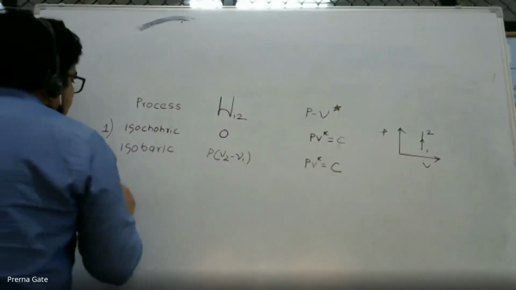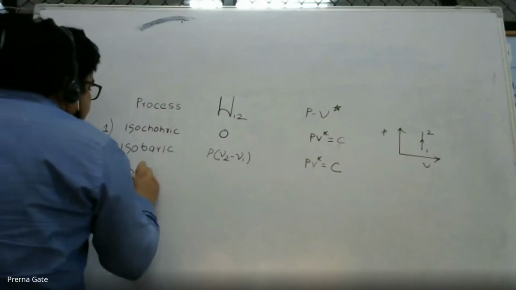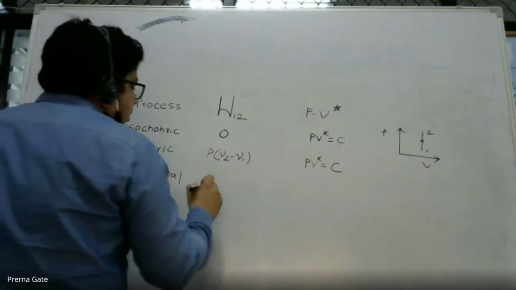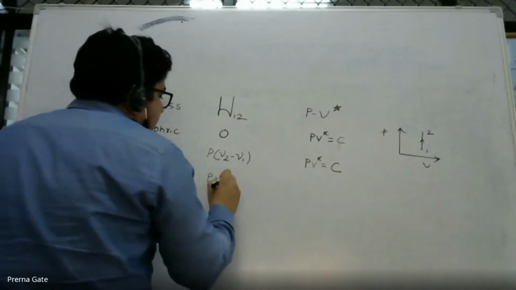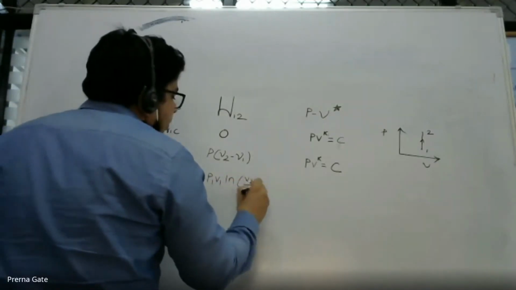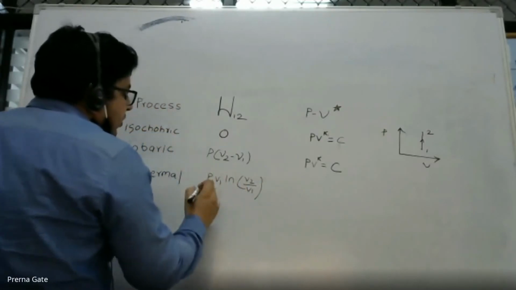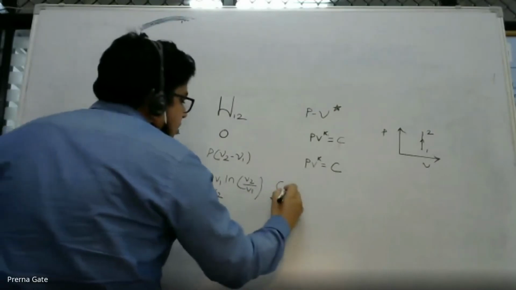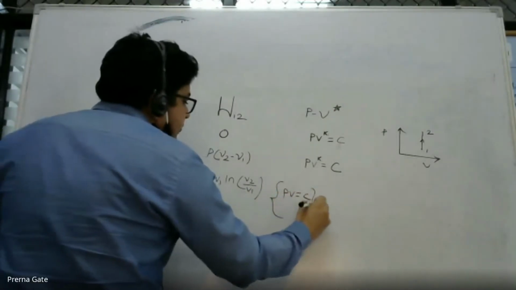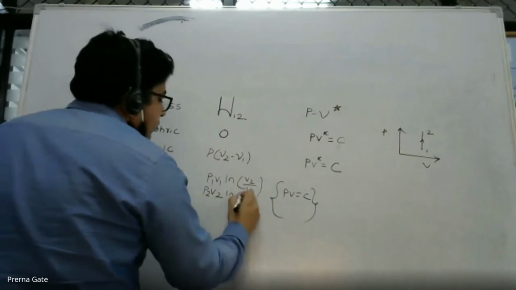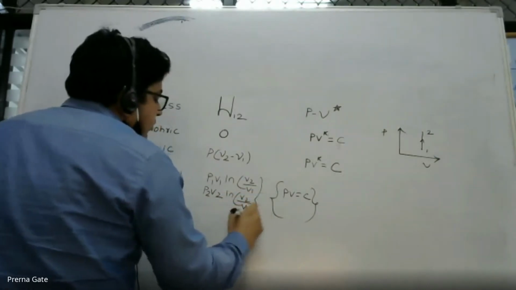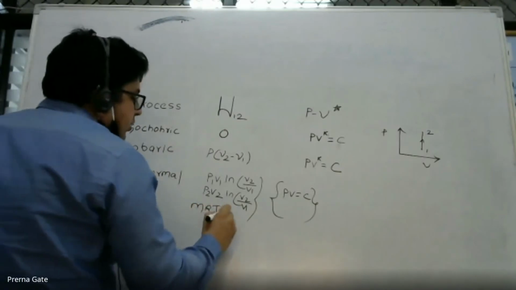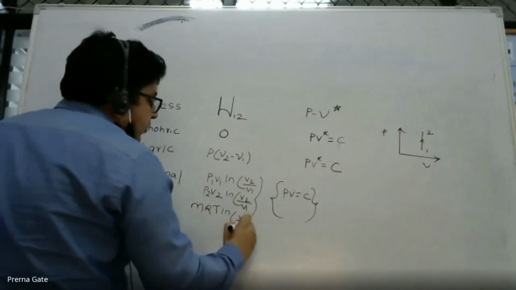Third one was isothermal. So the work done was P1 V1 ln(V2 by V1). P1 V1 can also be written as P2 V2 as PV is constant, or it can also be written as mRT ln(V2 by V1).